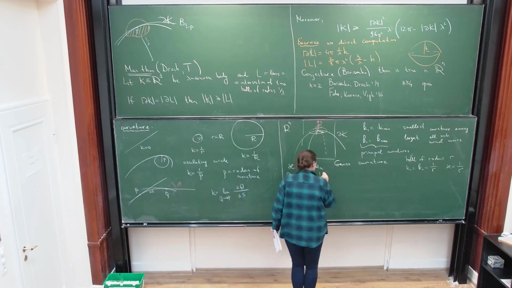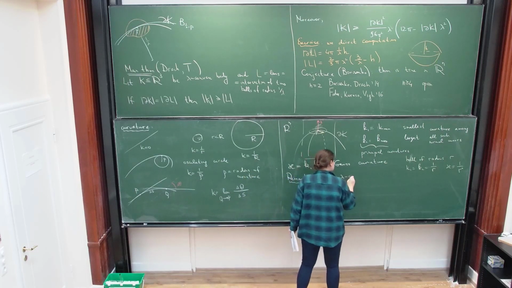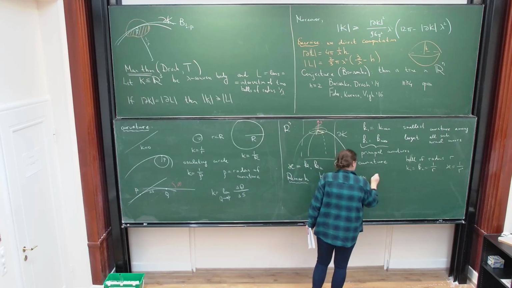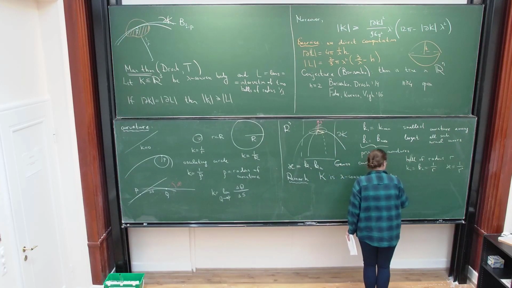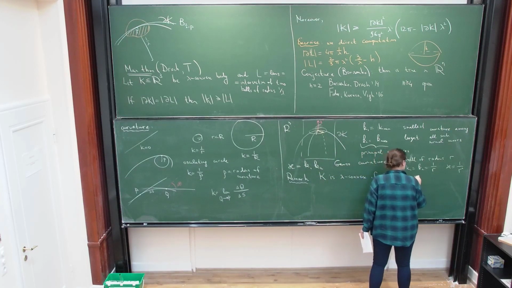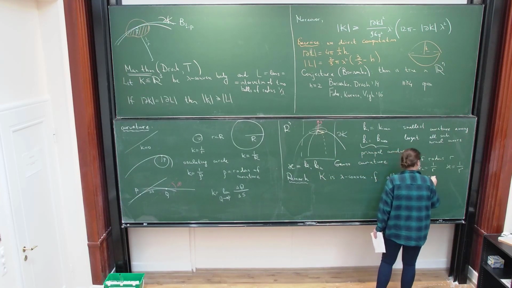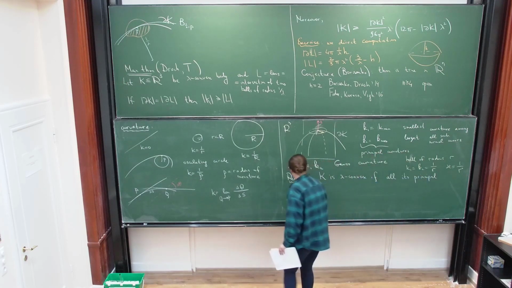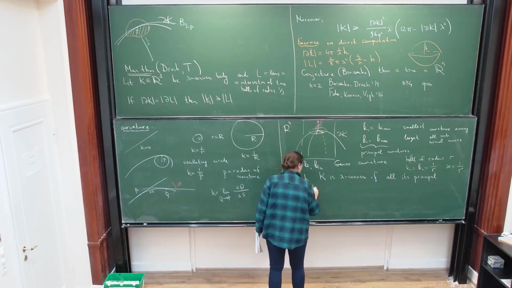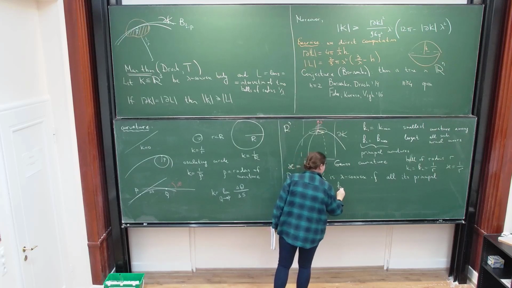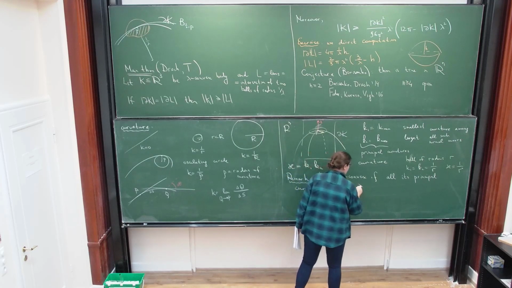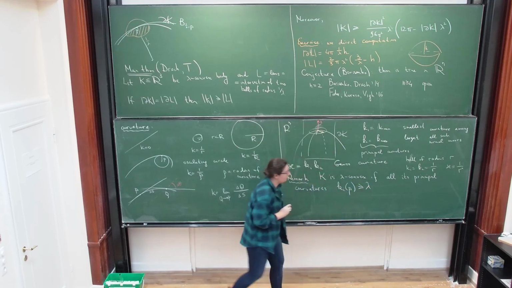Because I can say now that K is lambda convex if all its principal curvatures are at most 1 over the radius, right?